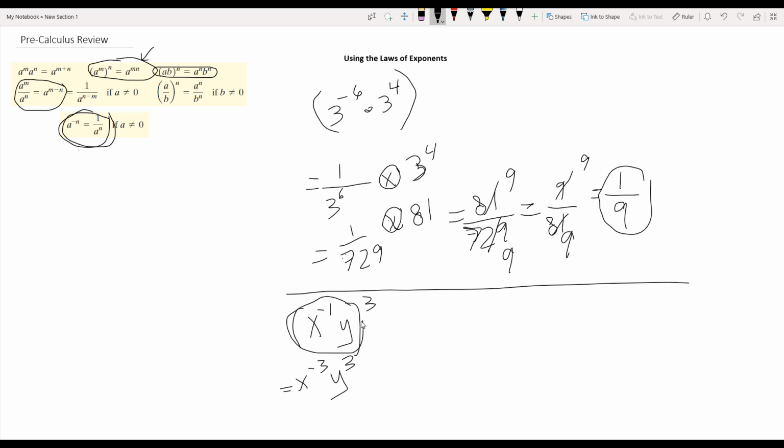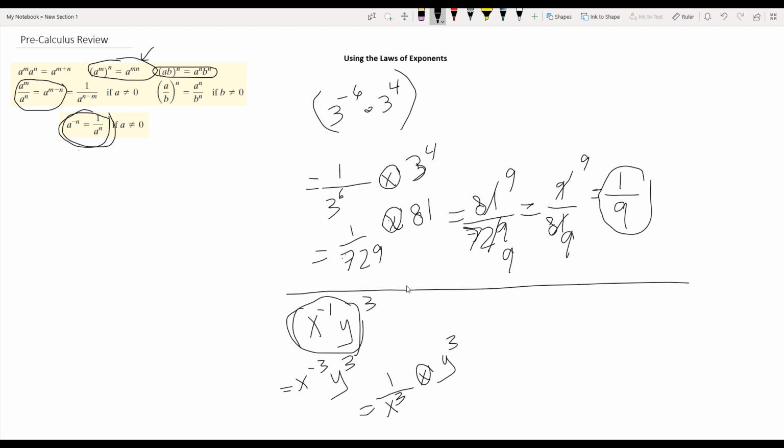That's what I meant. Okay, so what is x to the negative 3? Well, that is simply 1 over x to the 3rd power, times y to the 3rd power.